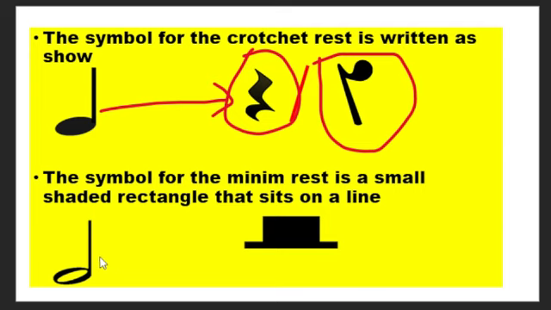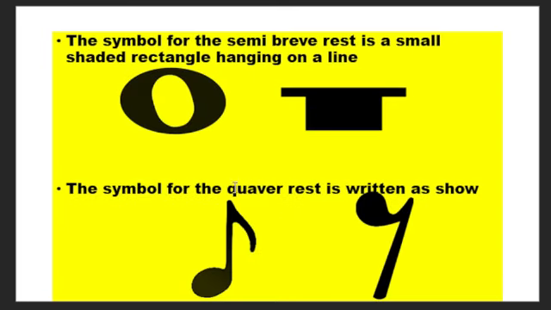Then we have the minim. The minim rest is like a rectangle that is up. Then the semibreve rest will be down. Here is the rest of the semibreve. You can see it is looking down, opposite from the minim.